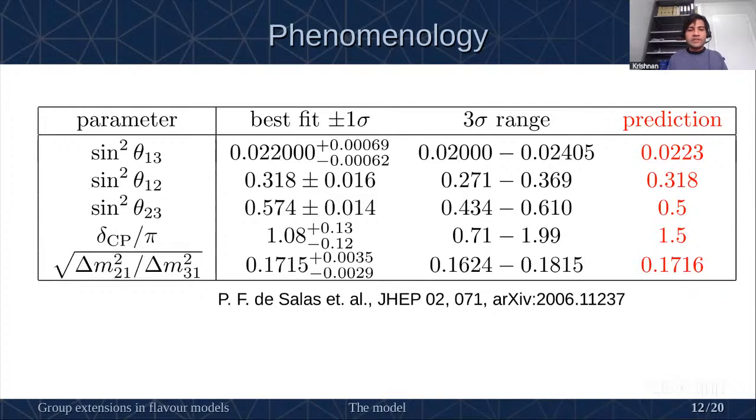And the most important thing is that the new neutrino experiments are trying to measure this delta CP, and we predict a maximal delta CP value for this.